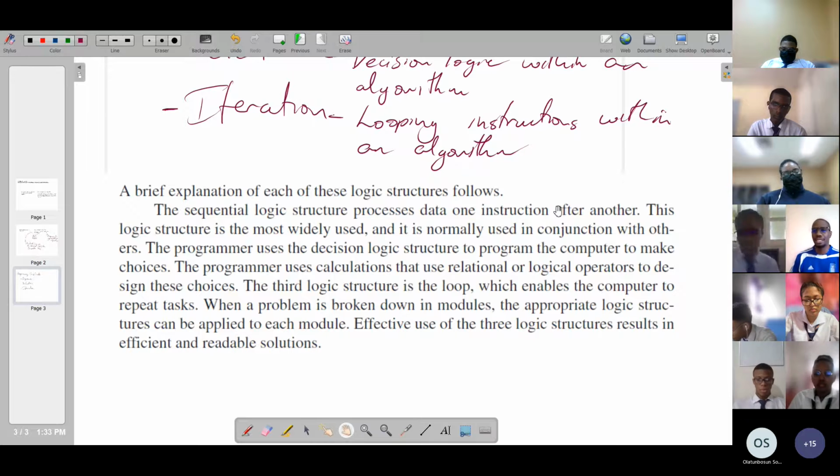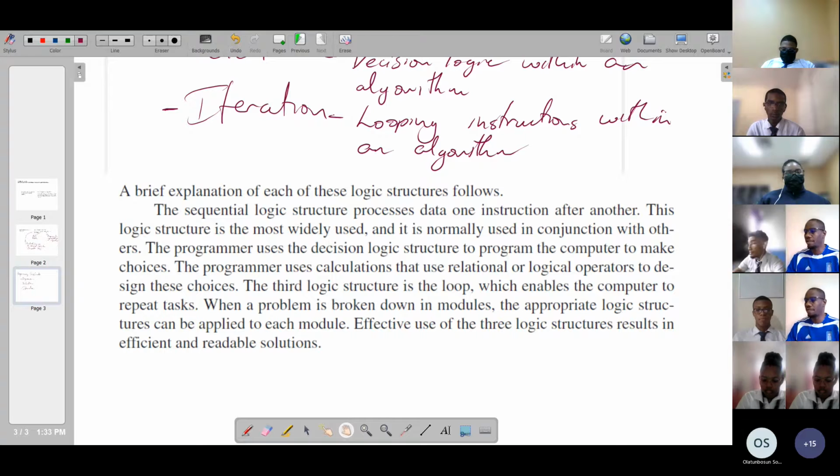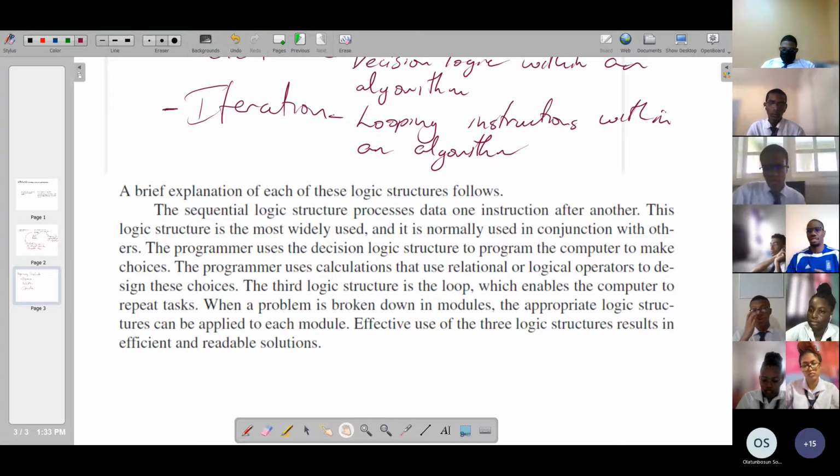And so we say that the sequential logic structure, all of your programs must have it. The iteration and the decision logic don't exist in all of your code. But sequence must exist in all of your code because your code must make sense logically, right?